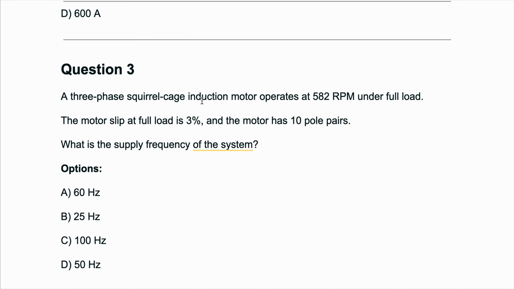Three-phase squirrel cage induction motor. What is the induction motor? You know what the induction motor is.